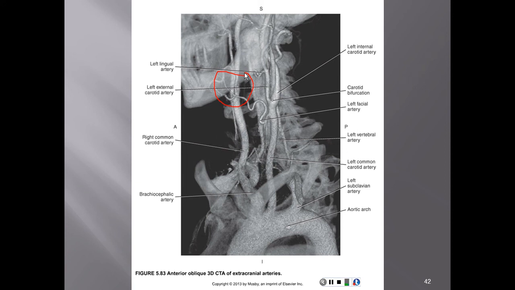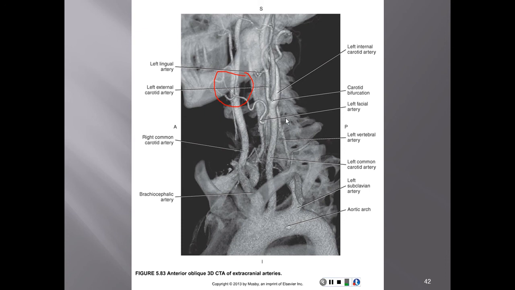I'm putting my two fingers on mine as I speak, but yeah, you can feel a pulse, and that pulse is coming from the left facial artery. That pulse is very pronounced because it's blood that's actually coming straight off the common carotid artery. So it should have a very, very strong thrill to it.